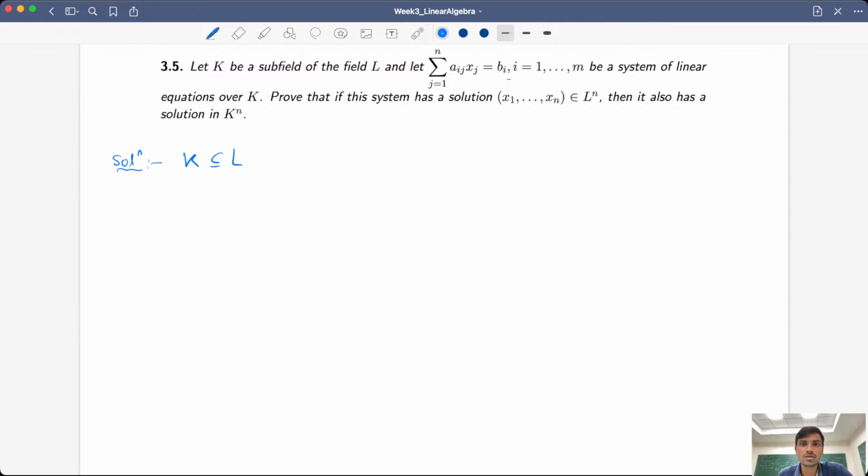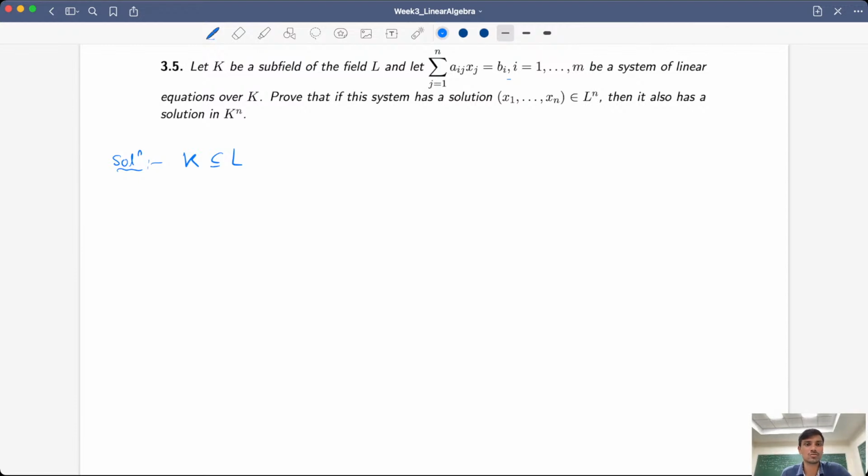If you have a solution, it is in K^n. If you don't have a solution in K^n, then L being a superset, there also you can't have a solution. But here you already have a solution in the bigger field, so you must have one in K^n too, otherwise it would contradict the previous statement.